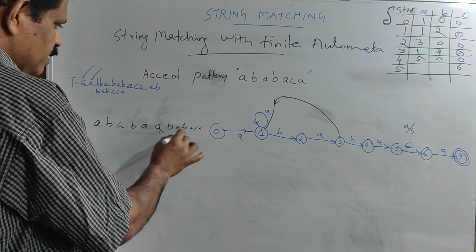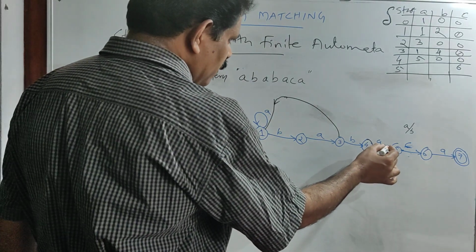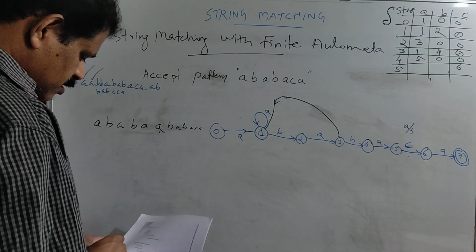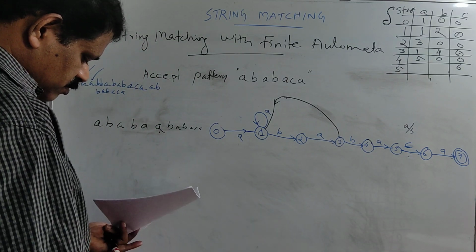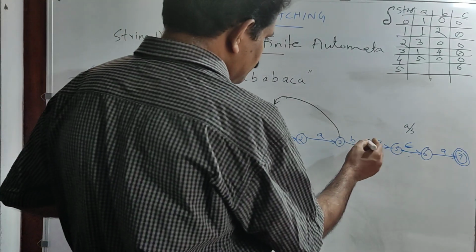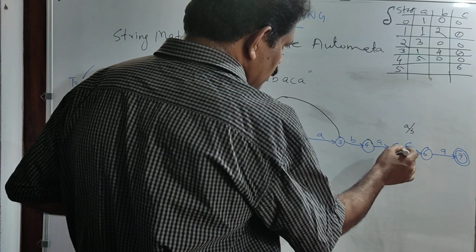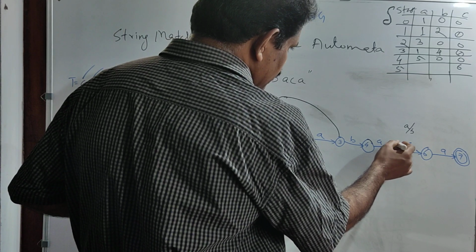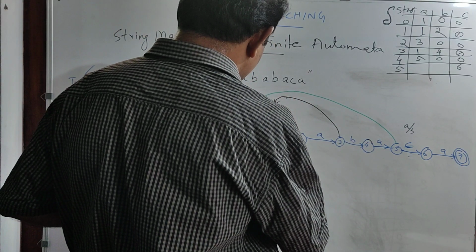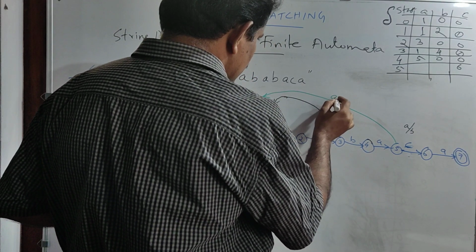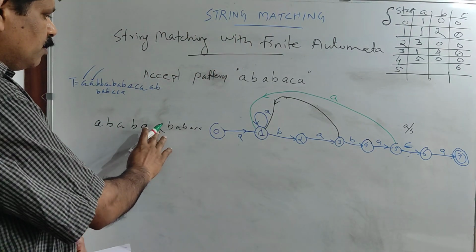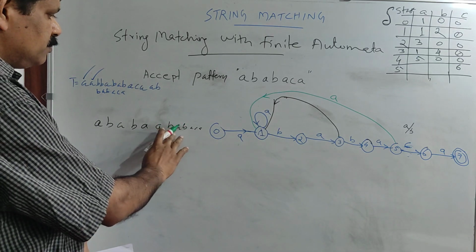So on 5 you can come to stage 1 on getting an A. It may be the beginning of a new pattern.